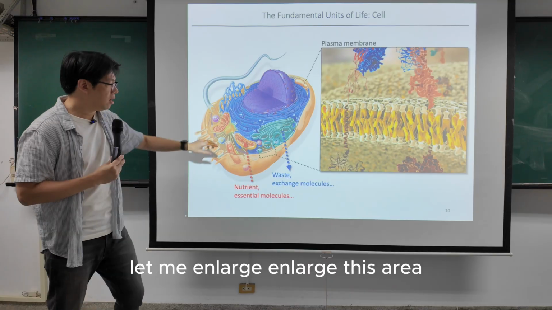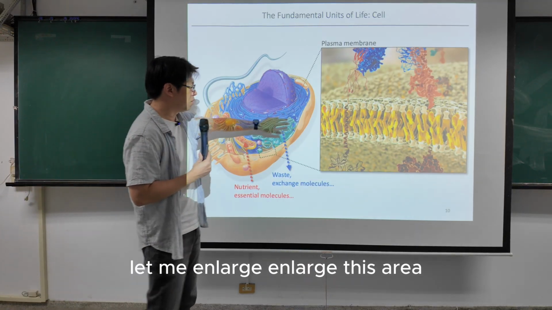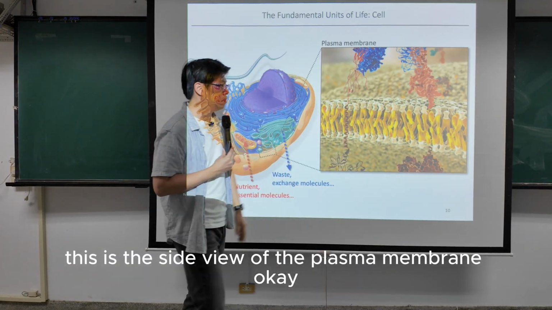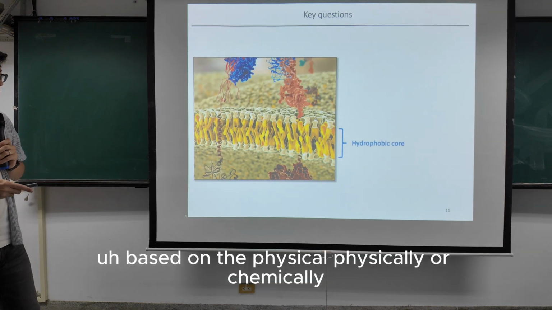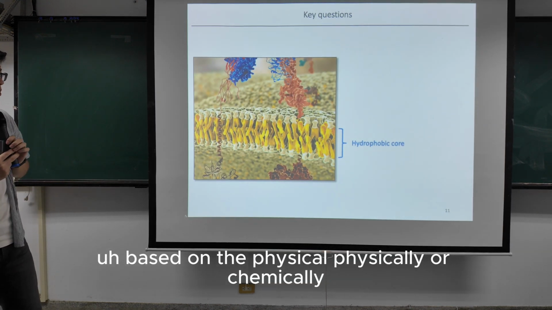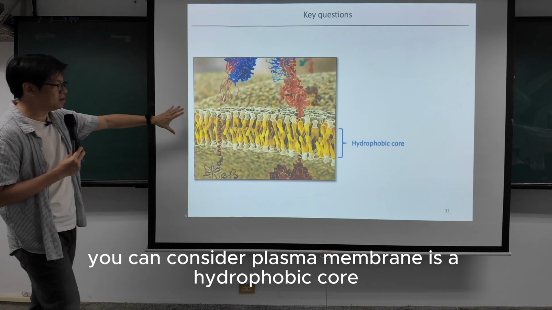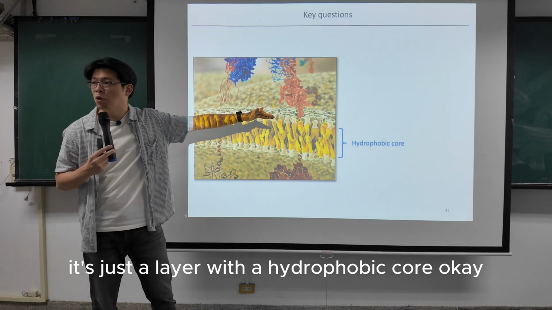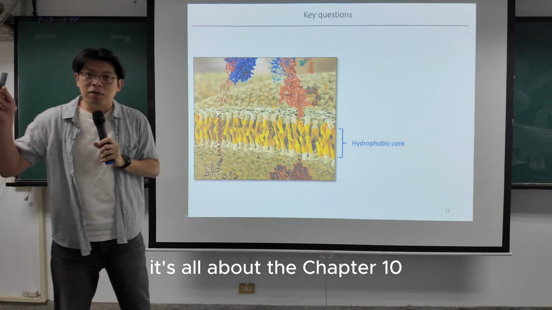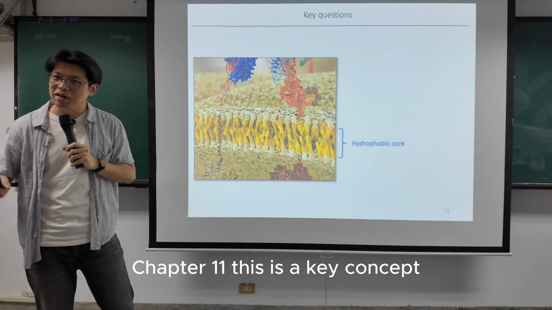Okay, let me enlarge this area. This is the side view of the plasma membrane. Okay, basically, physically or chemically, you can consider the plasma membrane to be a layer with a hydrophobic core. Okay, it's all about chapter 10, chapter 11.